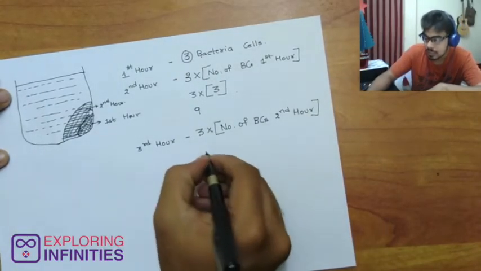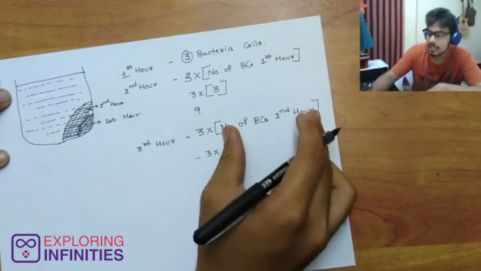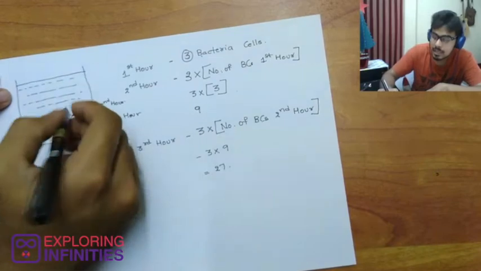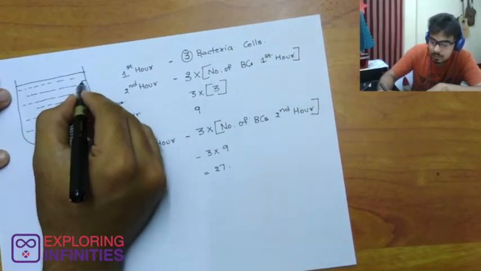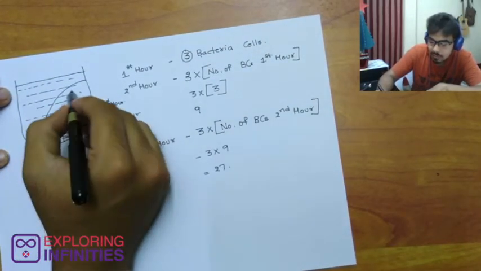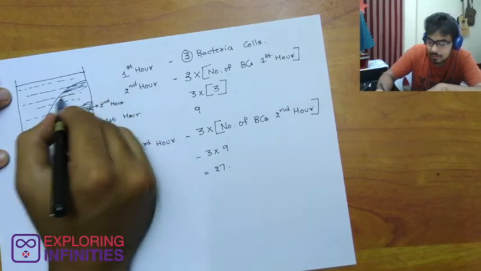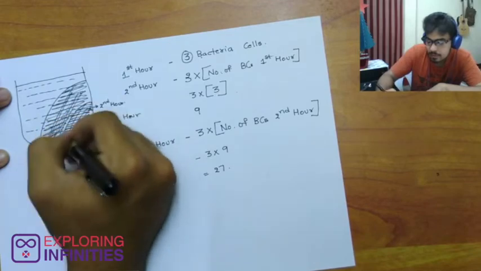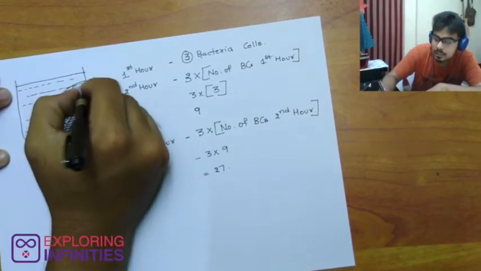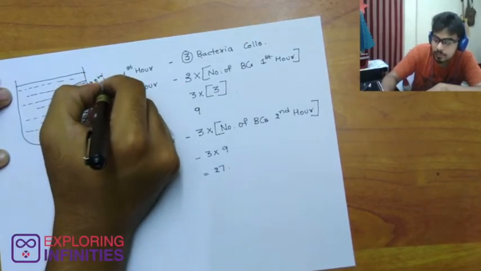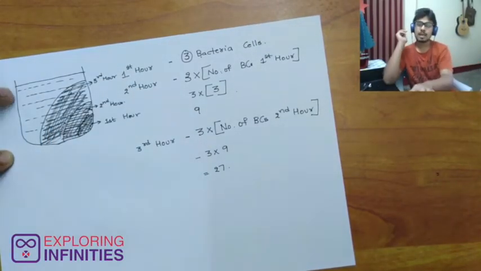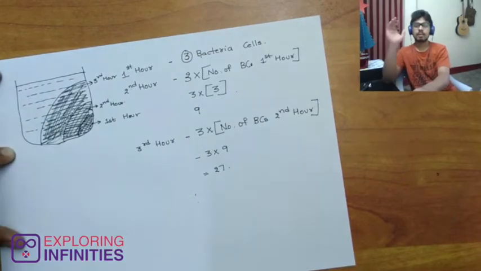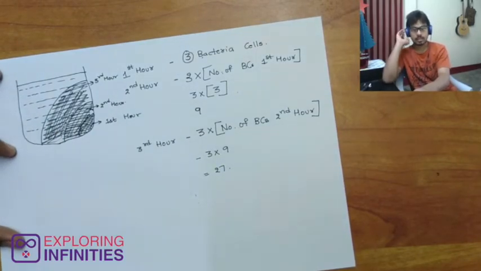So 3 into 9 is 27. So almost more than half of milk is now filled with bacteria only. Can you see this? Yeah, this is all bacteria. And this is third hour. Alright. This is how it is increasing, and so on, until the entire milk is converted into bacteria in the next successive hours.